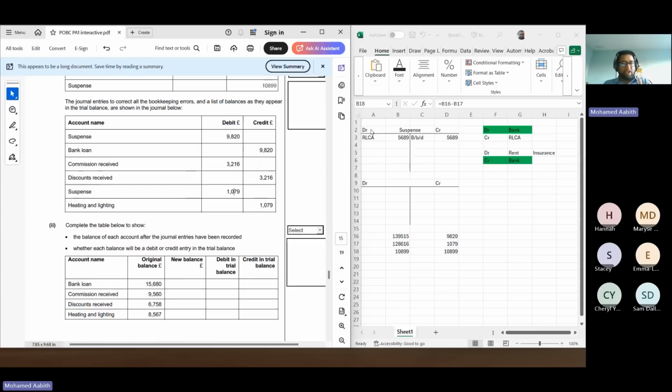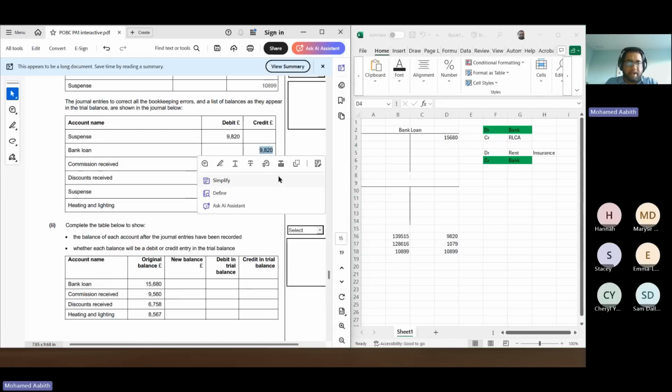So for that one, we need to understand where the entry is going to initially be. So here, bank loan. Bank loan is going to be a credit balance. They are saying the original balance is 15,680 pounds. Now, according to this journal entry, there is an entry of 9,820 on the credit side.